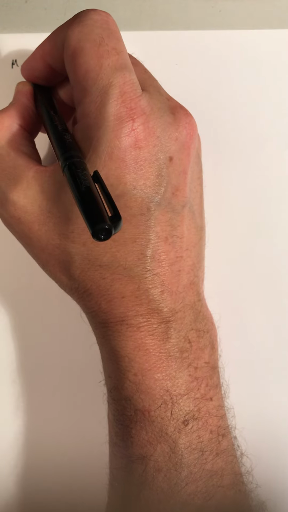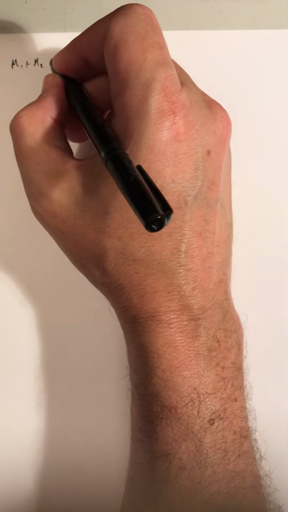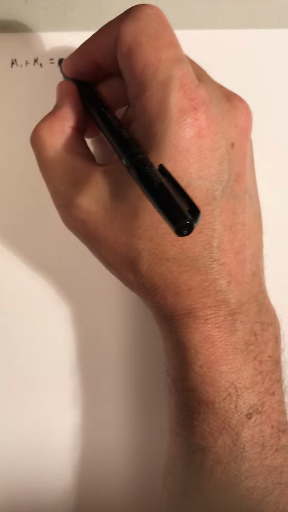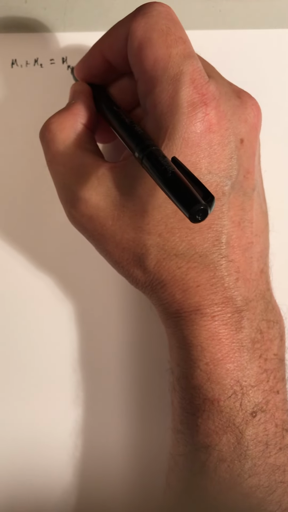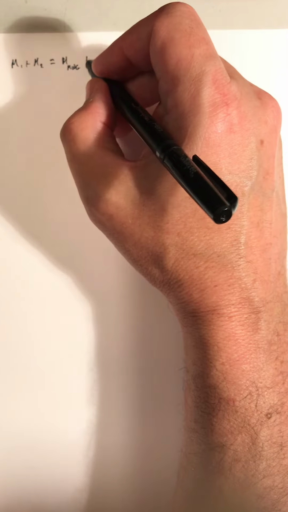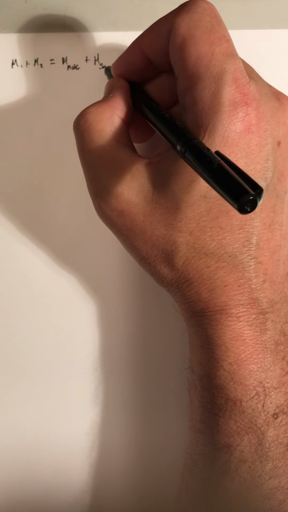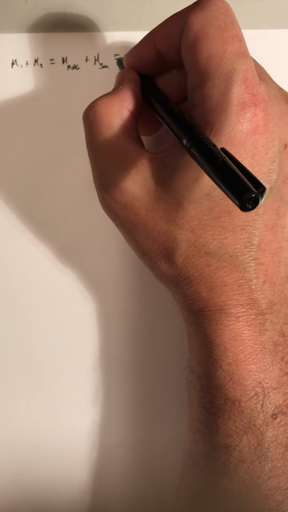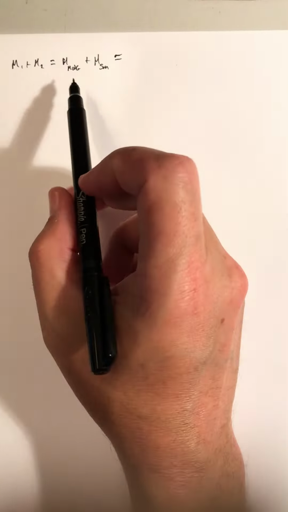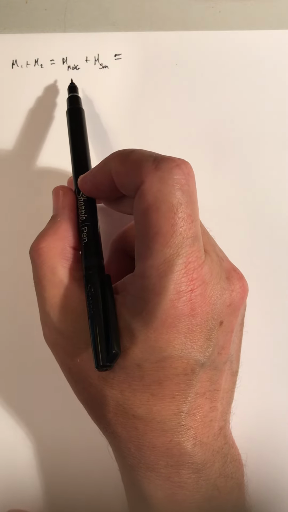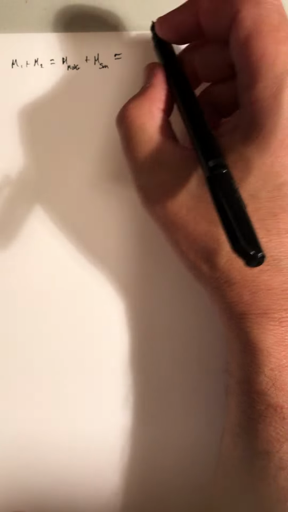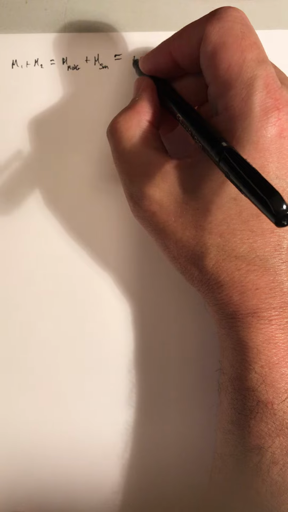All right, now I want to note m1 plus m2 here is the mass of the Milky Way galaxy plus the mass of the sun, and the Milky Way galaxy has way more mass than just one average star, our sun.